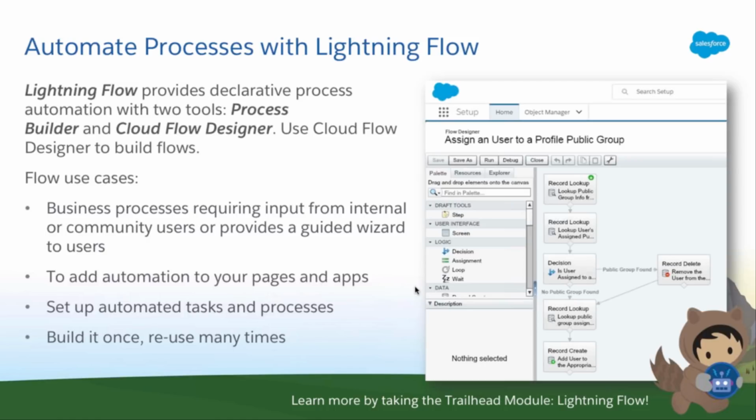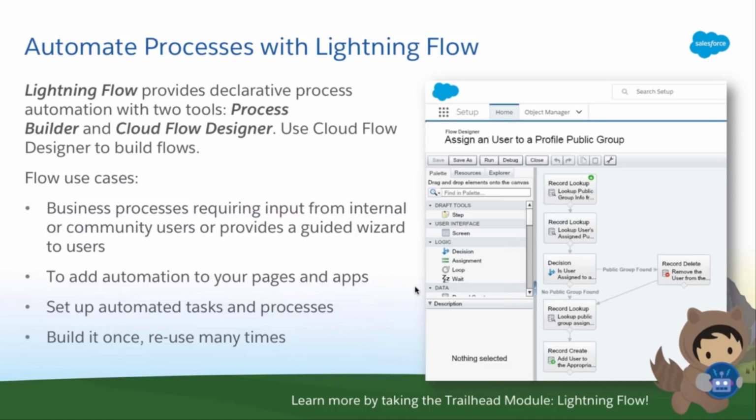So some of the use cases for flows is if you have business processes that require inputs from internal community users, or you have a guided wizard that you'd like your users to go through. You want to add some type of automation to your pages and apps, or set up automated tasks and processes. And then lastly, Flow allows you to build something once and reuse it multiple times.